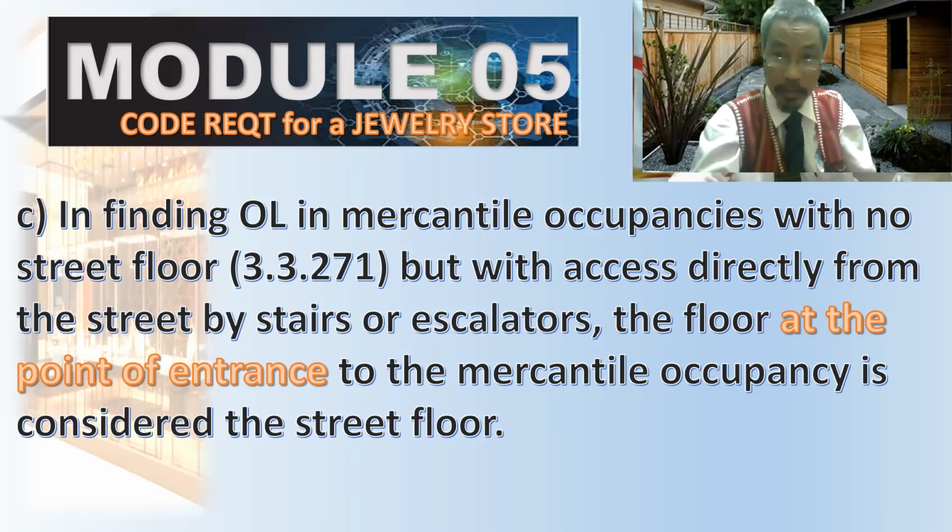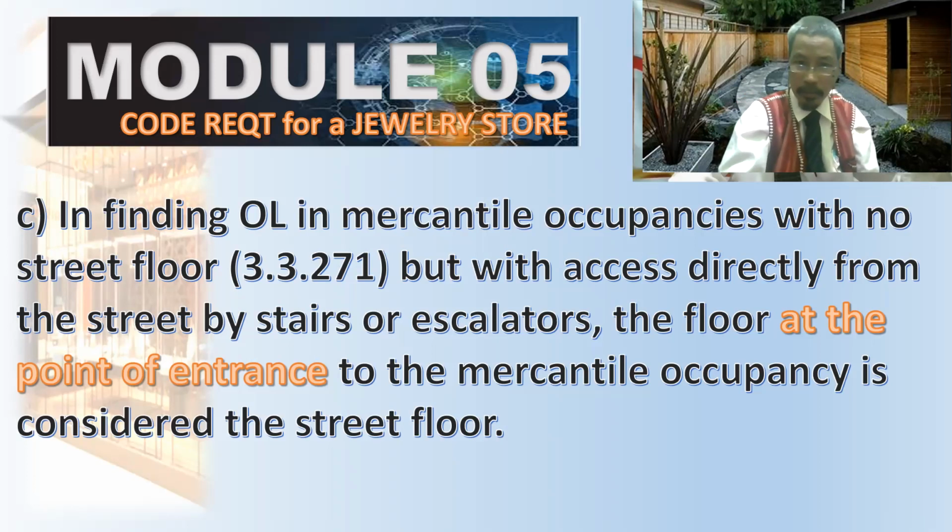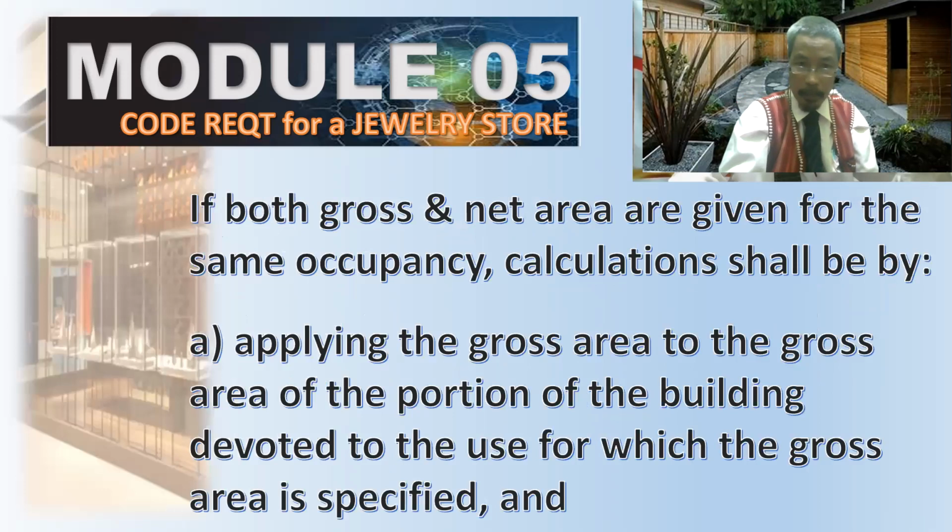Okay, so consideration for the purpose of computation. If both gross and net area are given for the same occupancy, calculation shall be by A, applying the gross area to the gross area of the portion of the building devoted to the use for which the gross area is specified. Use the gross area if that is specified.